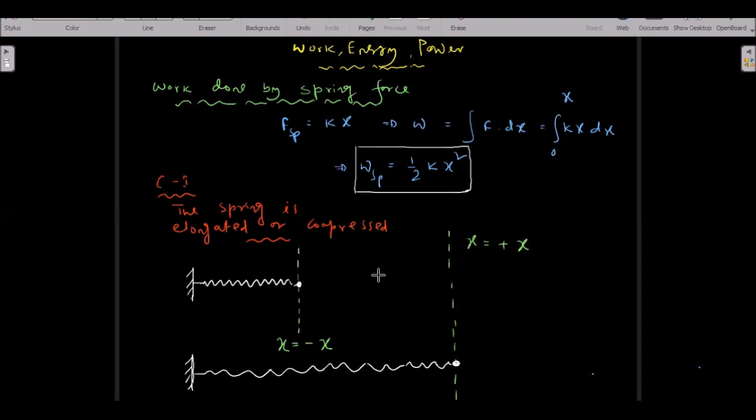In between, here it is x equal to 0. Try to understand, this x equal to 0 position is the relaxed position, and x equal to plus x is the elongated position.